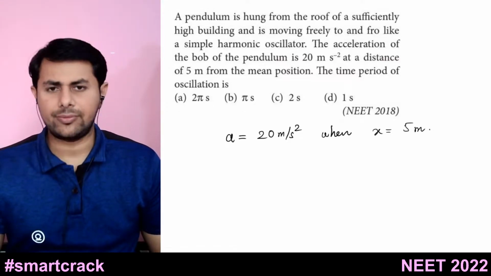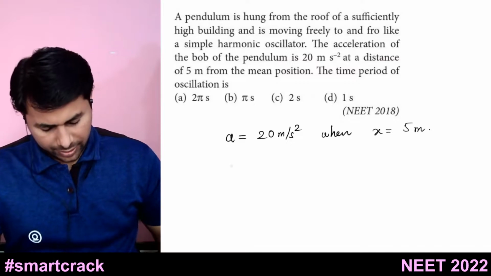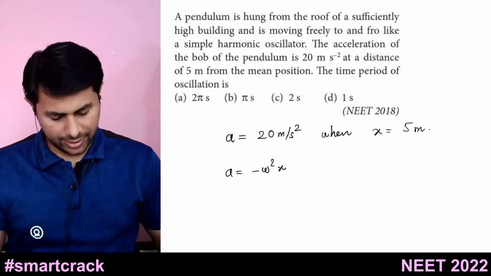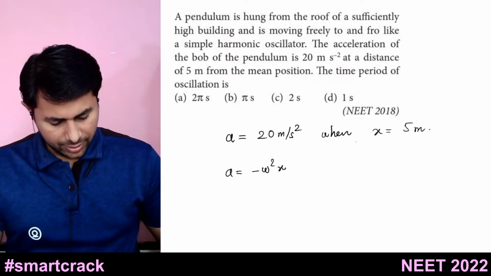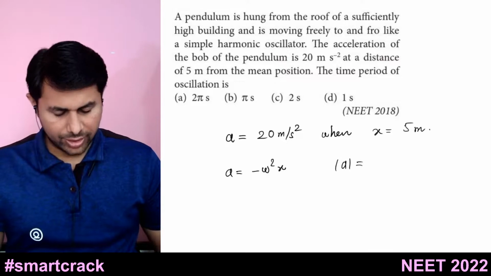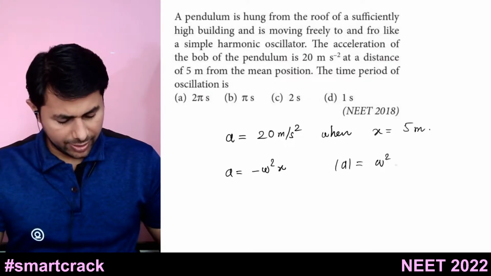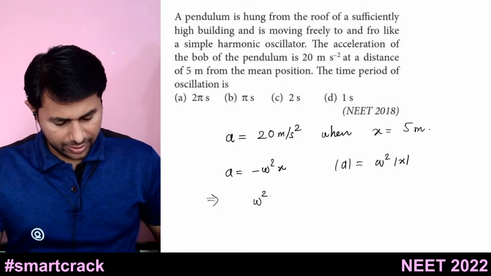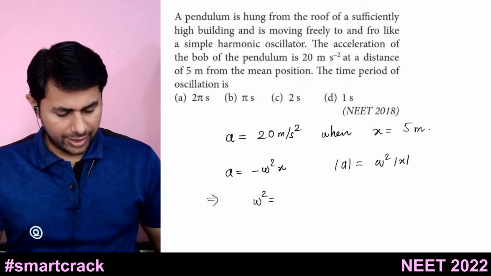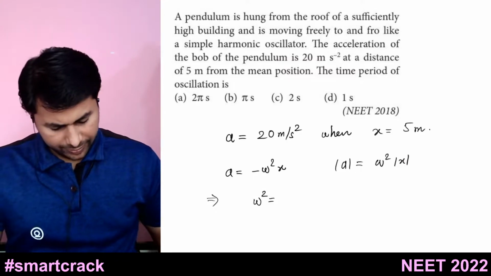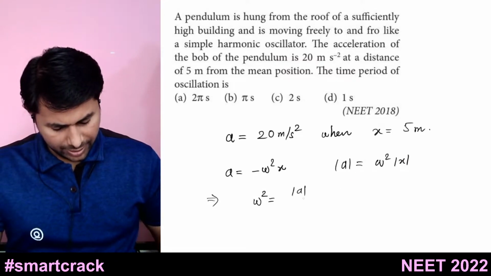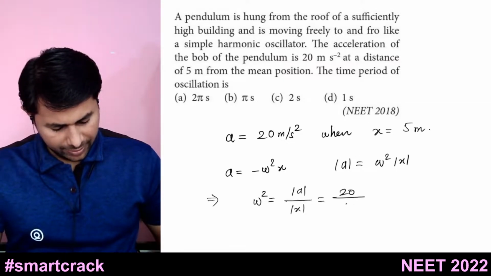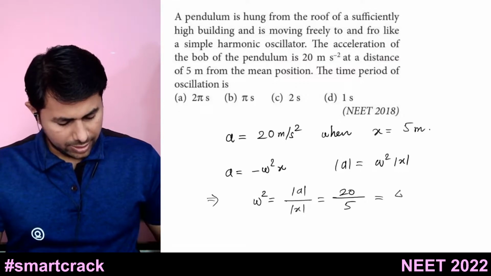So we know the relation between acceleration and position. So a is equal to minus omega squared x, but we want only the magnitude, because the direction is not given. So it is omega squared times the magnitude of x. So we get omega squared equals the magnitude of a upon the magnitude of x, and that is 20 divided by 5, it is 4.